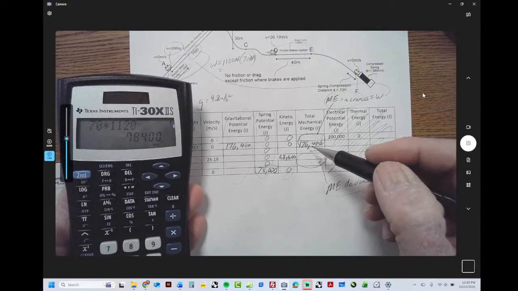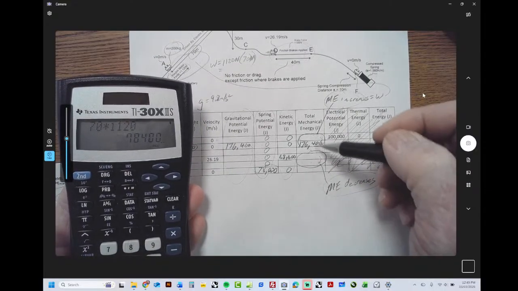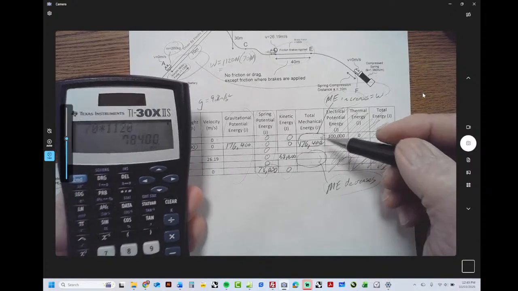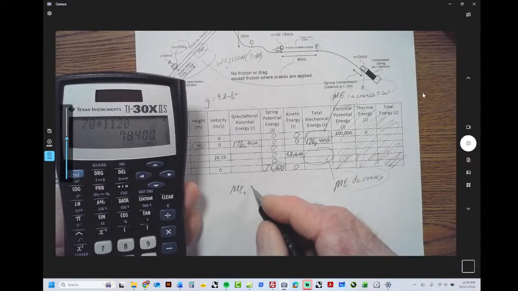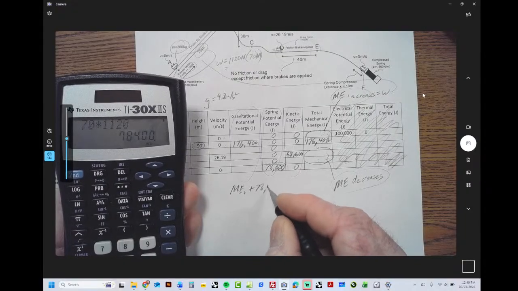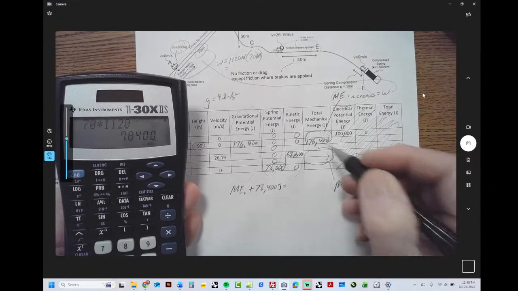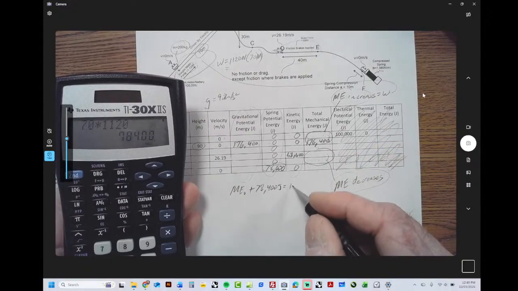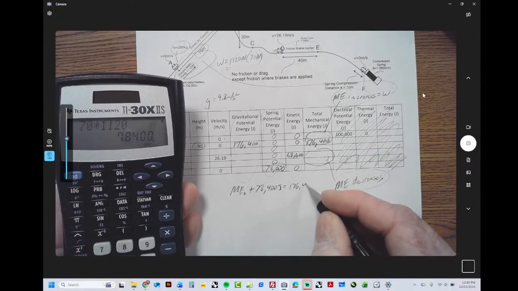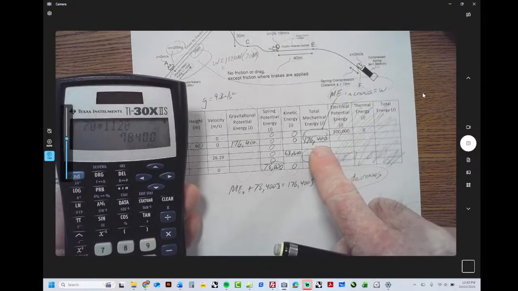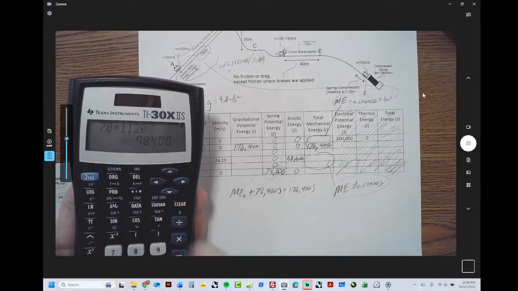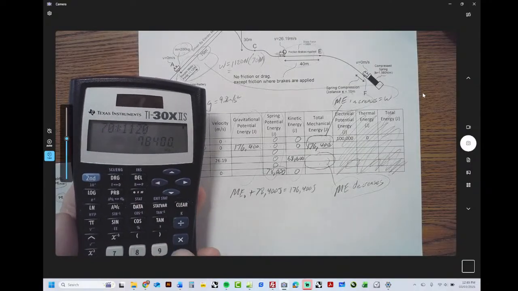So if I could write a little equation here if I wanted to, I could say ME0 plus 78,400 equals ME final, which is 176,400. Or I could just say, I'll take 176,400, subtract the work that was just added to it.